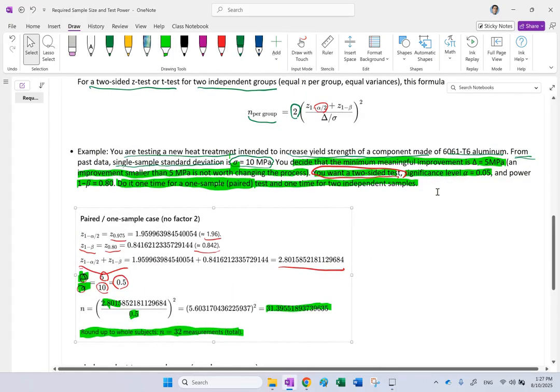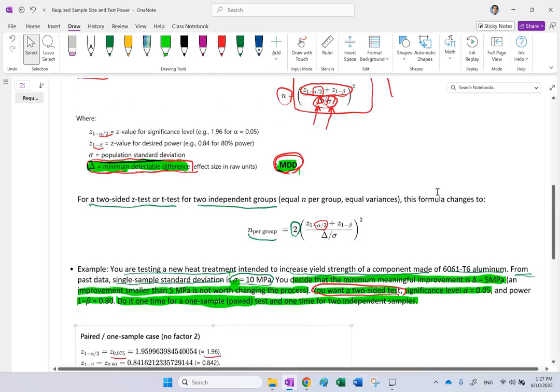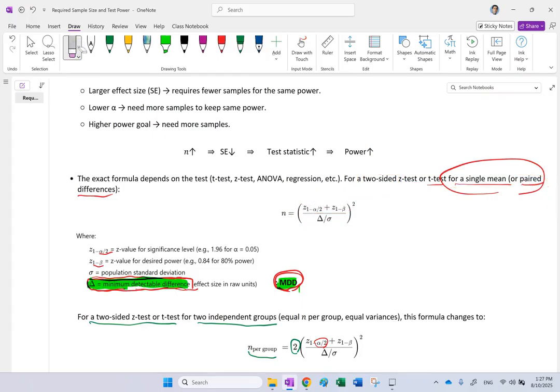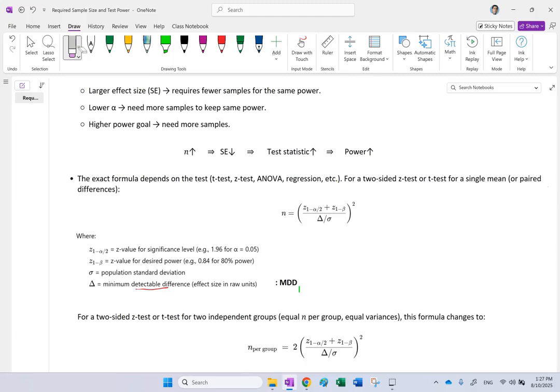Now, going back to this example, let's look at some of the important things that you can get out of this formula. So we need to go and look back at this formula and draw some very important conclusions. What are they?